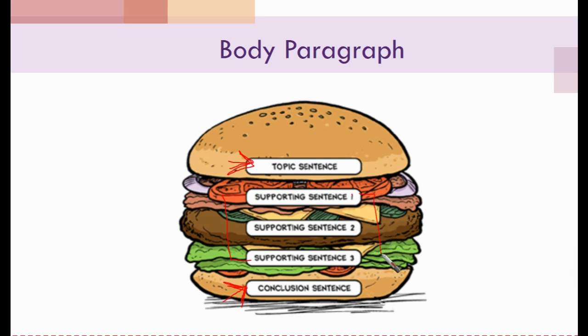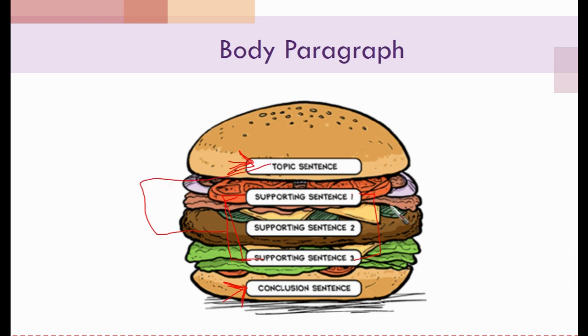And so today we know that supporting sentences are where? In the middle of body paragraphs. Supporting sentences come after the topic sentence, and they come before the concluding sentence, in the middle of the body paragraph, because they are here to support the topic sentence.